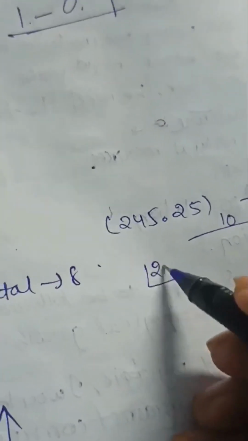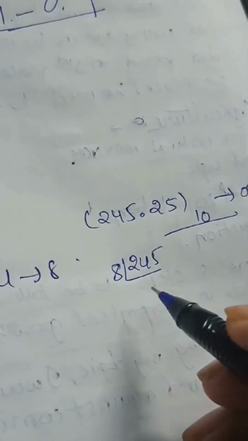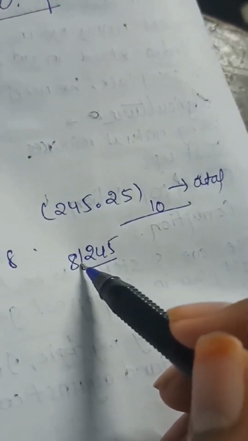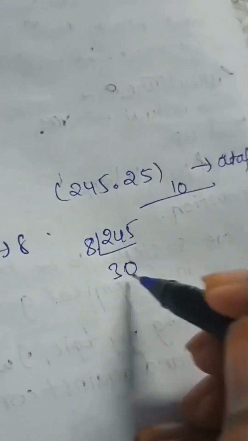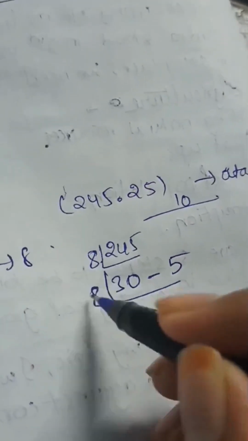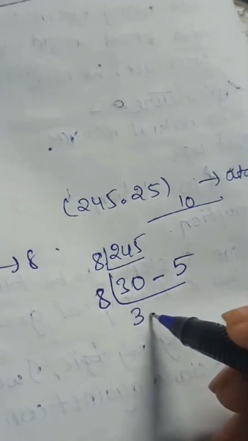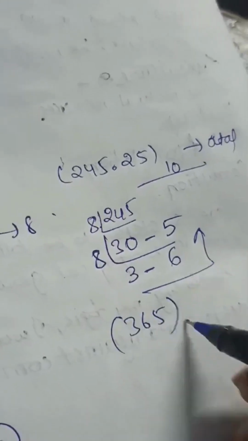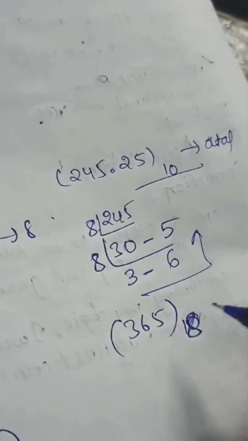As octal has the base 8, we will divide by 8. 8 thirties are 240, remainder 5, 8 threes are 24, remainder 6, so 365 to the base 8.